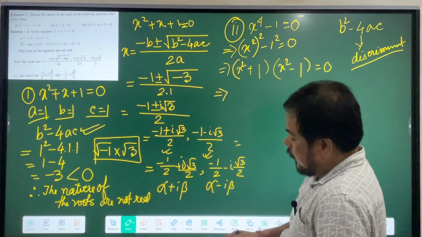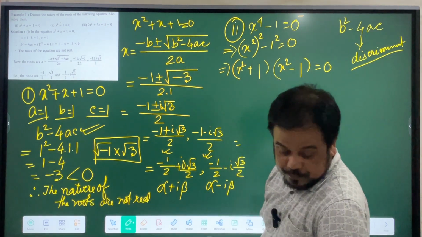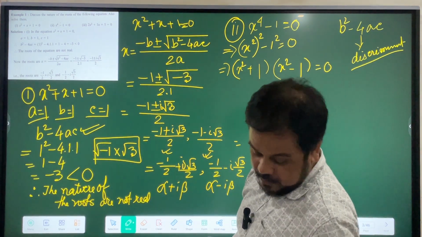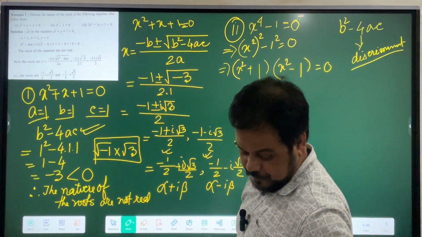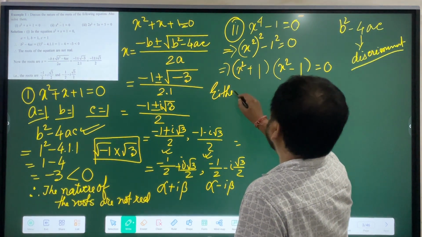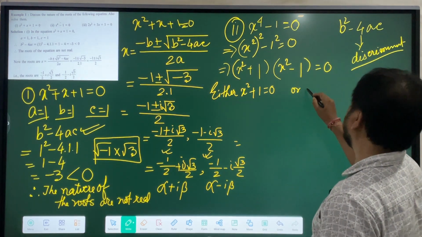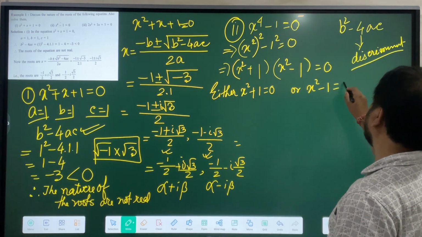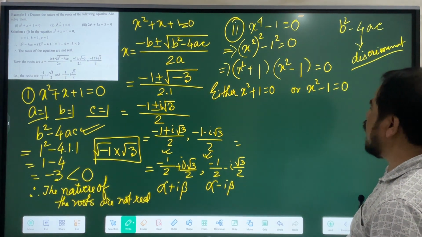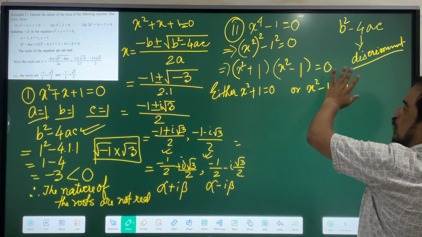Now we will use either or. Why do we use either or? That I hope you know. Because for the multiplication of 2 terms, when will it be 0?